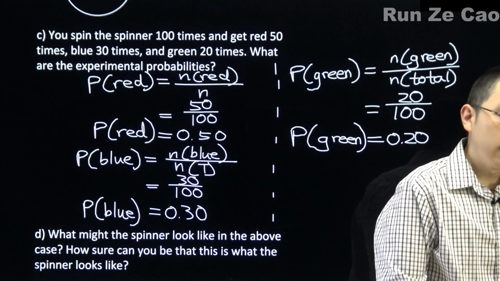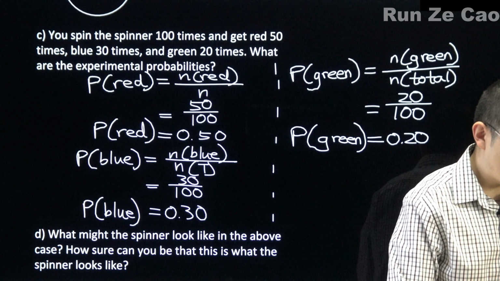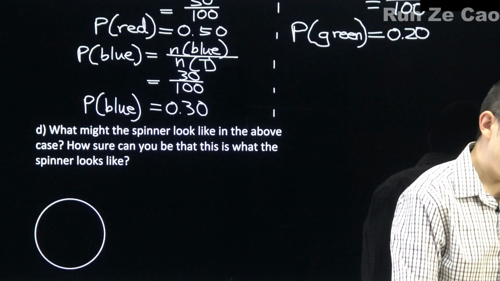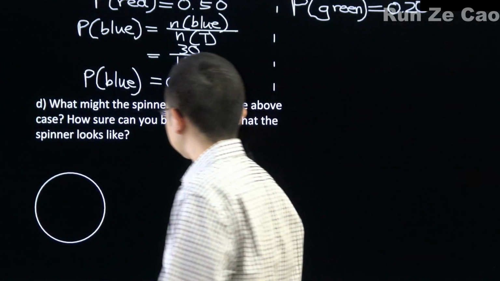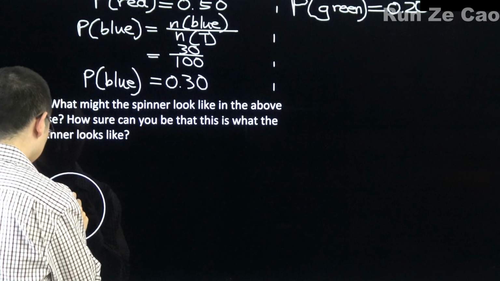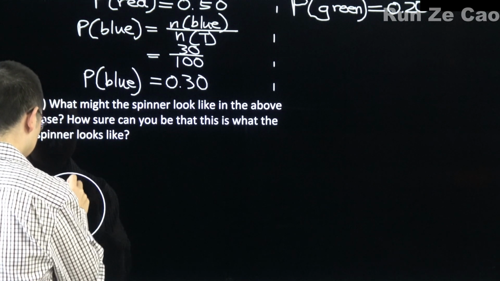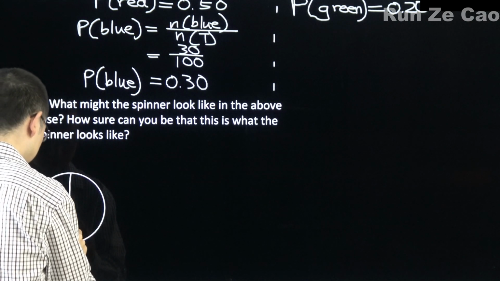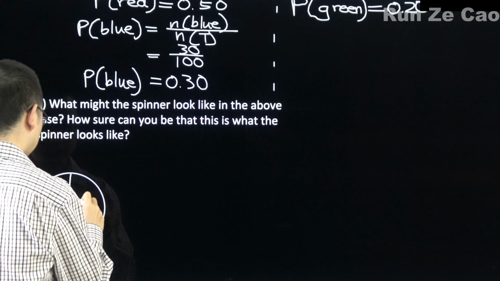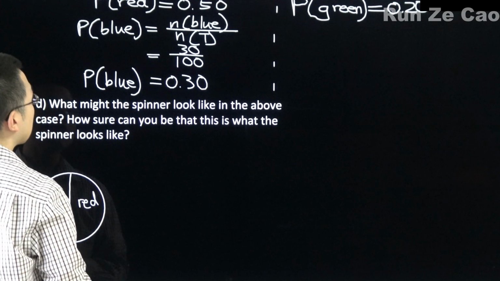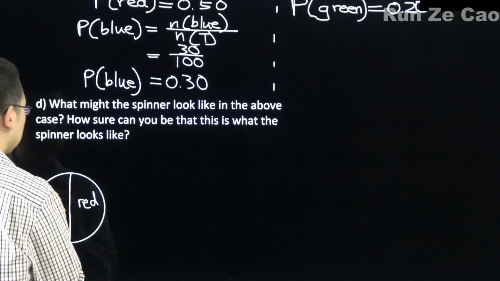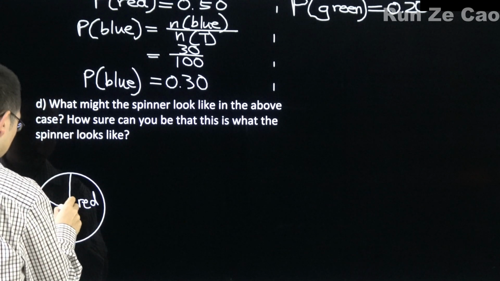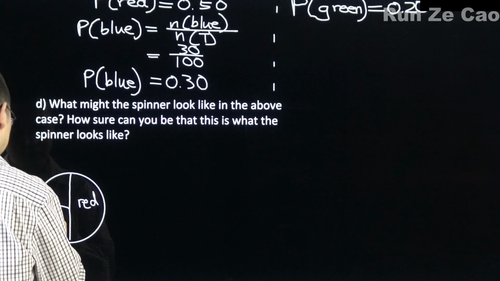Now what might this spinner look like? Well, we have 0.5 for red, 0.3 for blue, and 0.2 for green. So we're dealing with half of it is red, and it looks like 30% is blue and 20% is green.